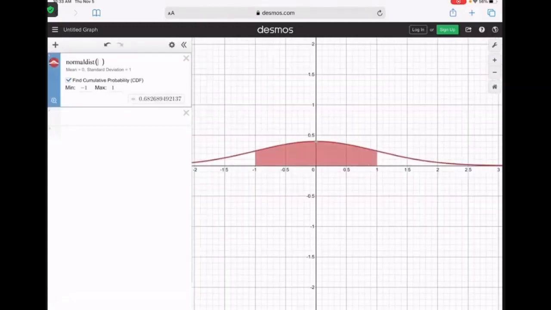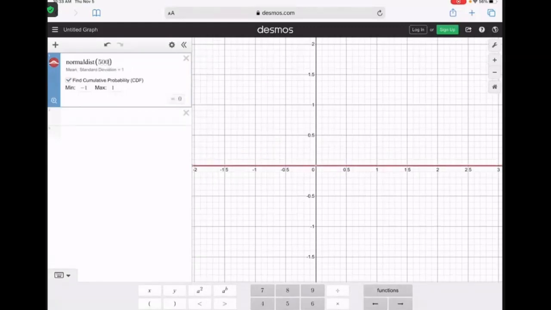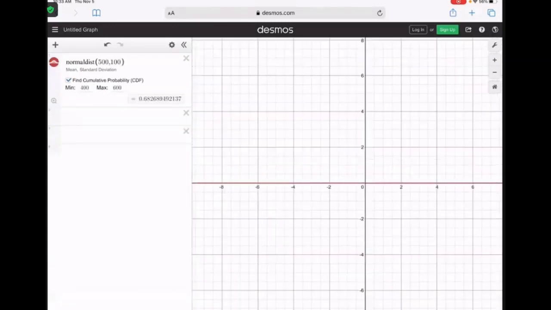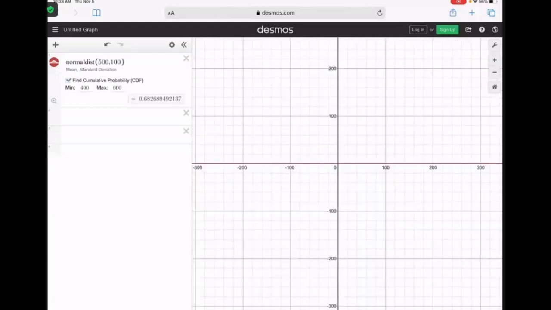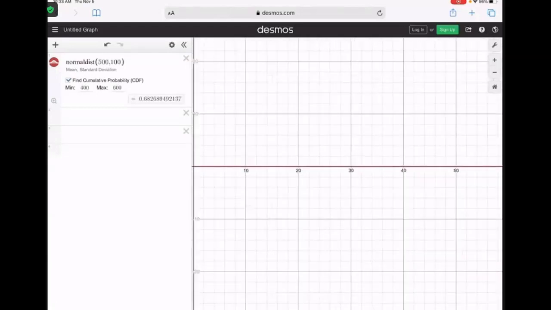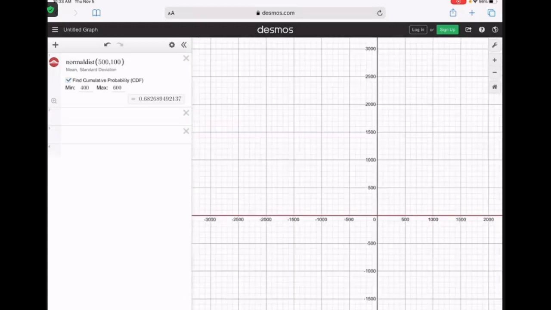And technically, when I drew that other one, and I said 500, comma 100, and I had from 400 to 500, so 600. Yeah, the sketch doesn't really do a good job in terms of that one, it turns out.